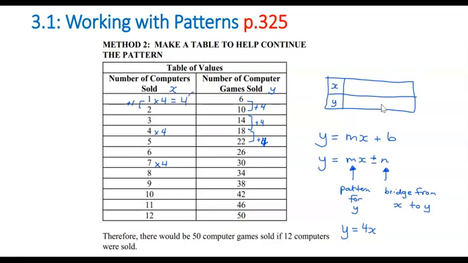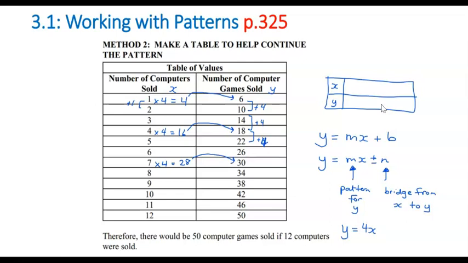But I need to get myself up to 6. If we go down to the next one that I have, 4 times 4 is 16, but I need to get to 18. And the next one I have, 7 times 4 is 28, but I need to get up to 30.